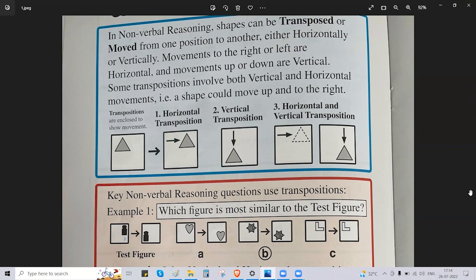So that means that the figure that's most similar would be B, because it's going down and then it's going to the right. And then you end up here. So it's B. Exactly, that is right. So it's B.